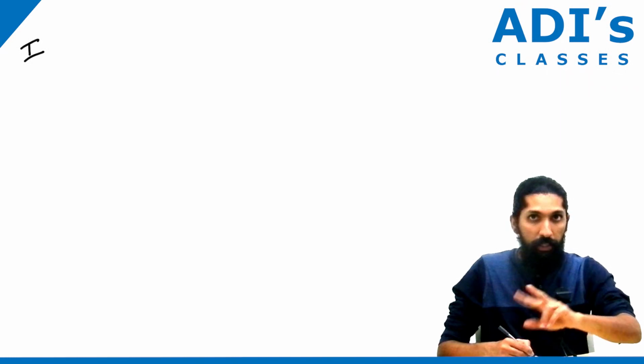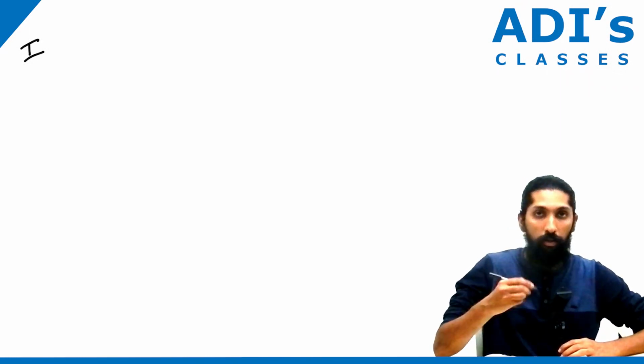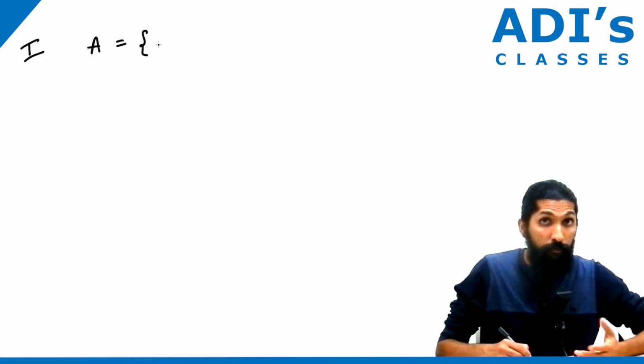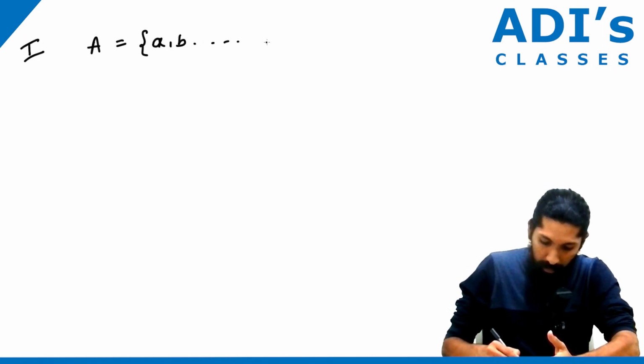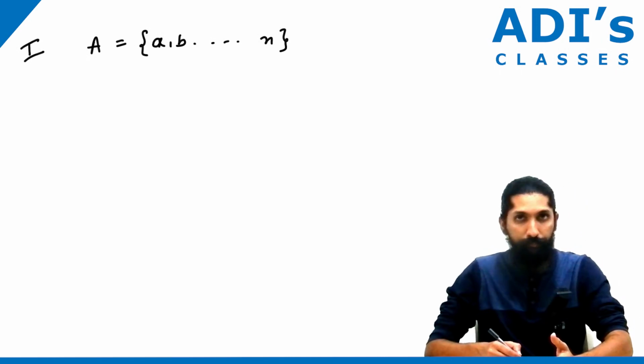So here, the first one: suppose in set A, assume that there are n number of elements, like a, b, c, d, anything. There are n number of elements.